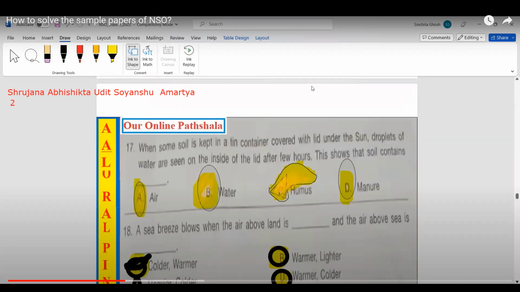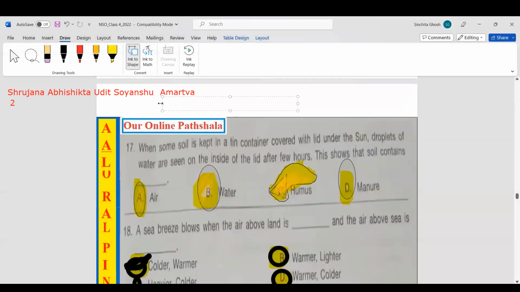Okay, according to Amoto, it's humus. Great, Amoto, you are correct. Some soil is kept in a clean container covered with a lid under the sun. Droplets of water are seen on the inside of the lid after a few hours. This shows that the soil contains humus.